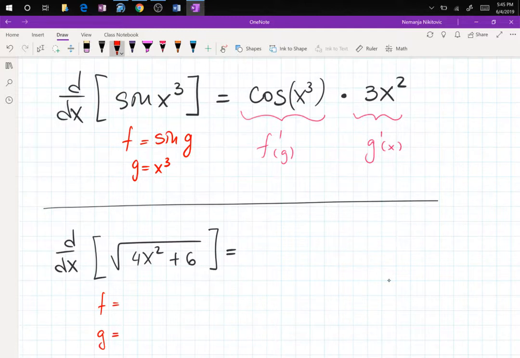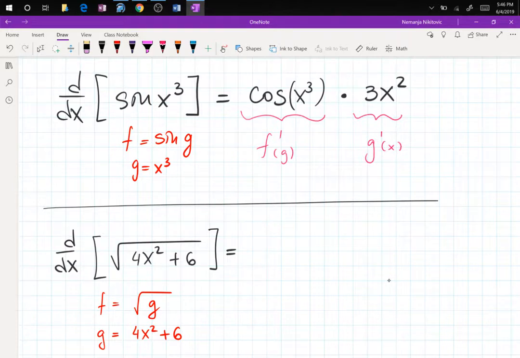I think g would be 4x squared plus 6, wouldn't it? Yes. And then f would be root x, so we'll just call it root g, because that g gets replaced by what g is, right?